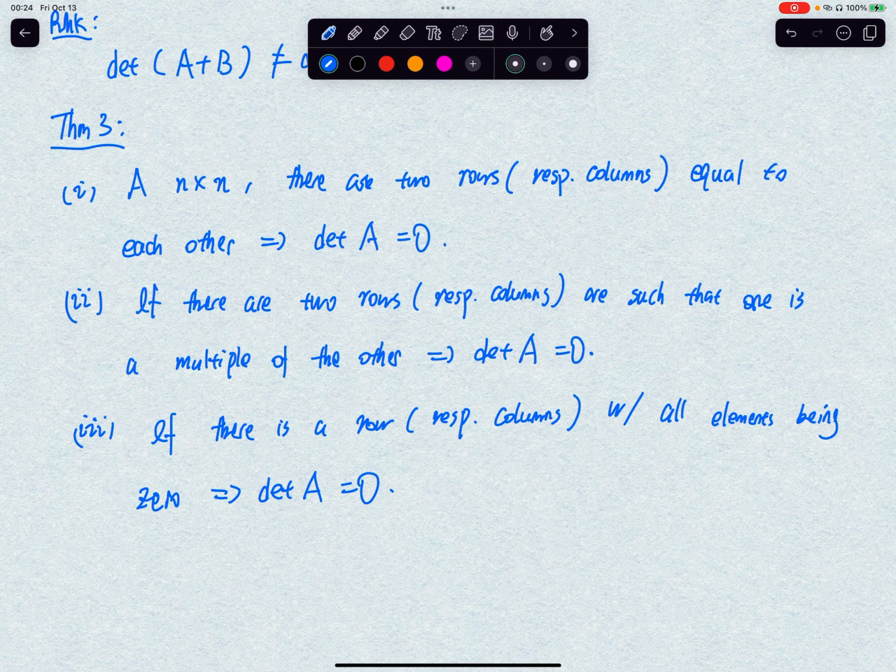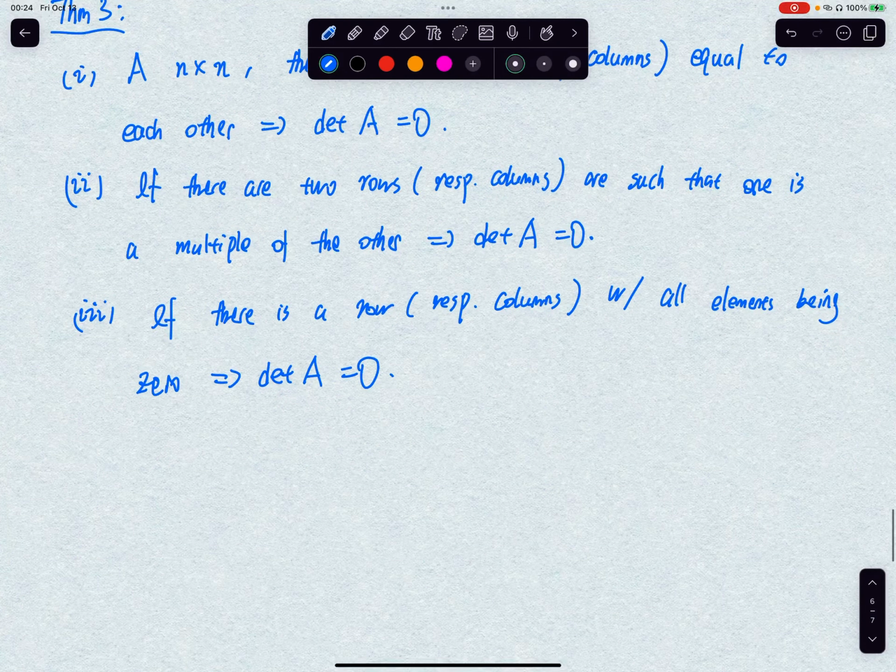And even though we do not have a law for the addition of determinants, we still have some methods in turning this into an addition-like formula. So this is another theorem which allows us to do some trick in calculating the determinant.